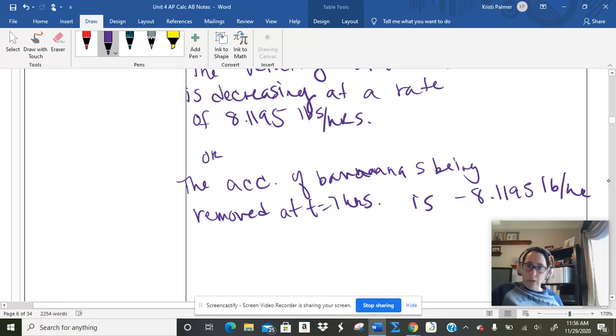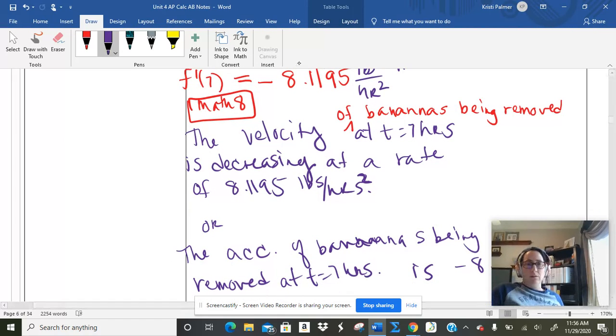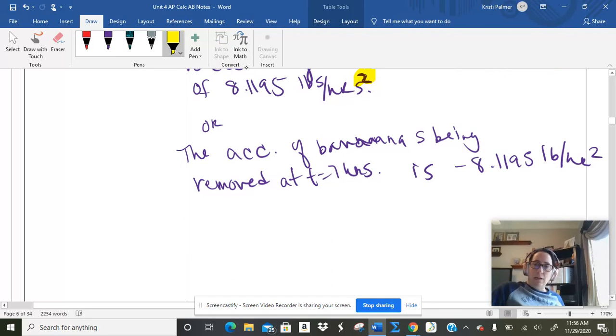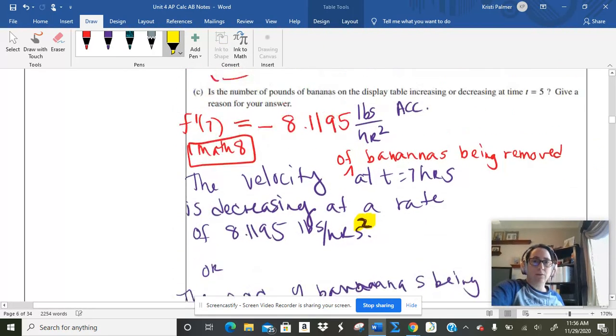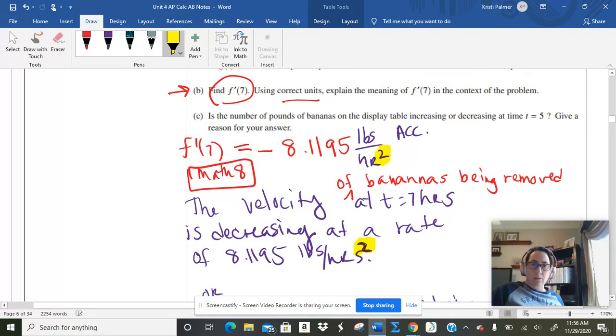Okay, squared. Ah, shoot. You guys, what is wrong with me on this problem? I forgot the squared up there. Make sure you have the squared because you are now getting an acceleration. Okay. Roll with me on that? We'll talk about it more.